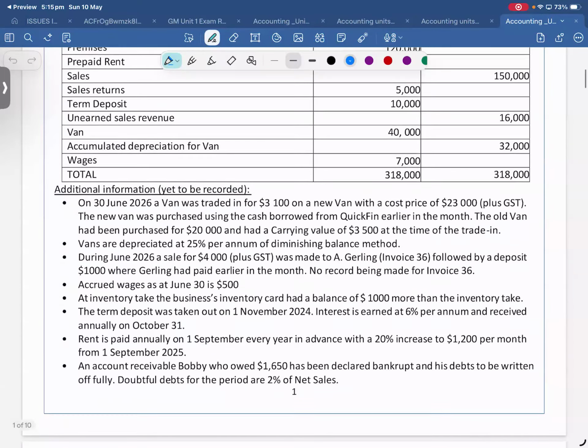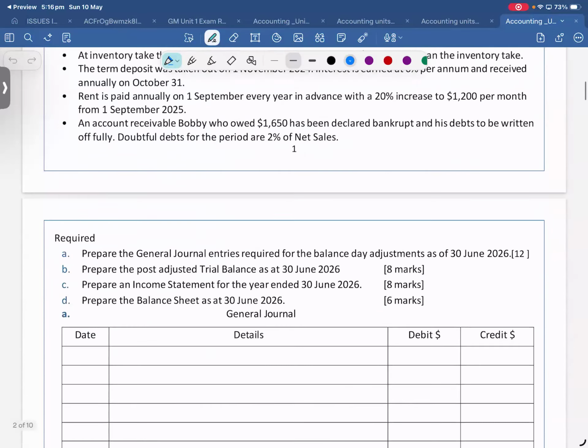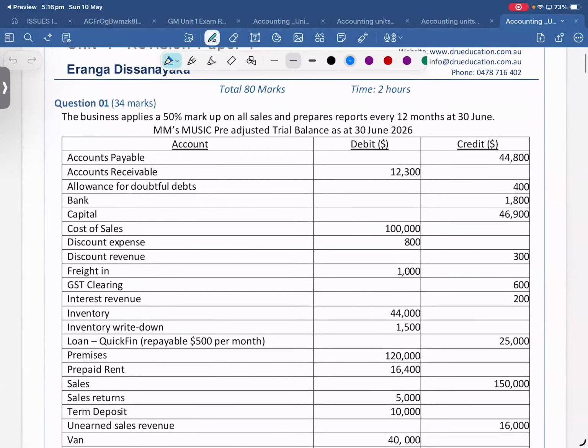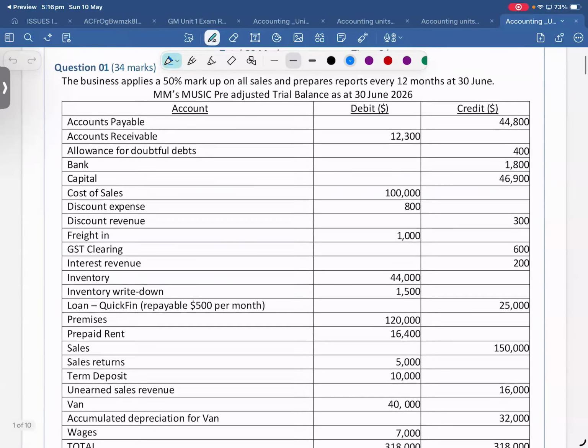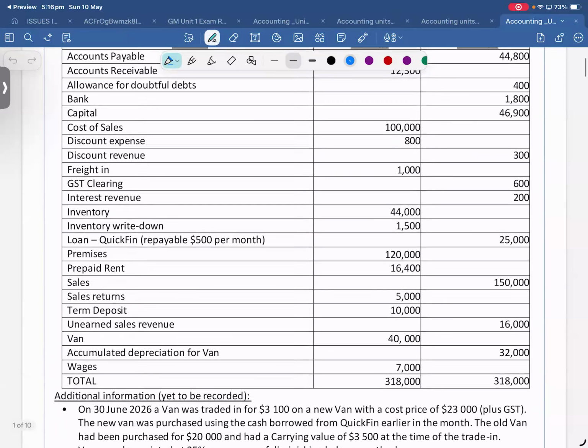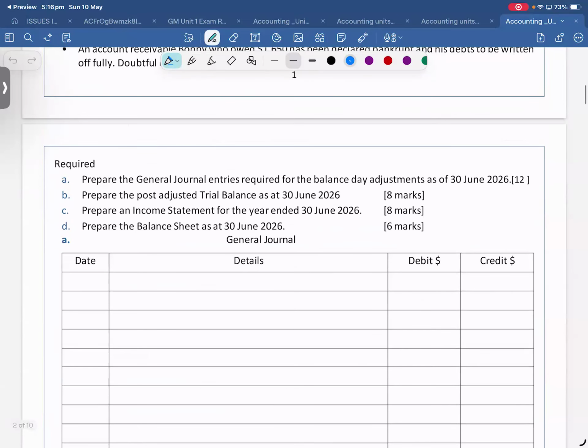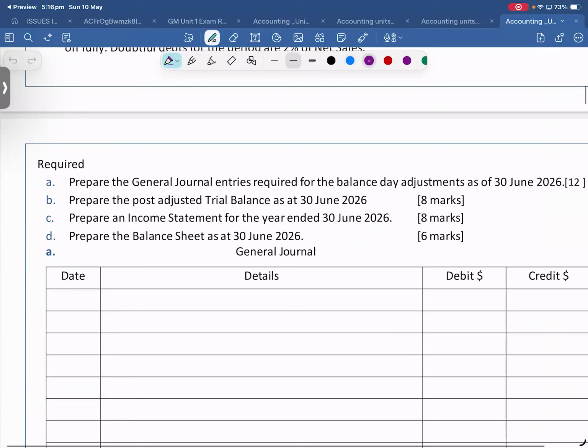All right, guys. Now you can read the question. Oh, sorry, we didn't finish the requirements. We are preparing the post-adjusted income statement and balance sheet. Prepare the income statement for the year. That means we are going to do it for how many months? 12 months.